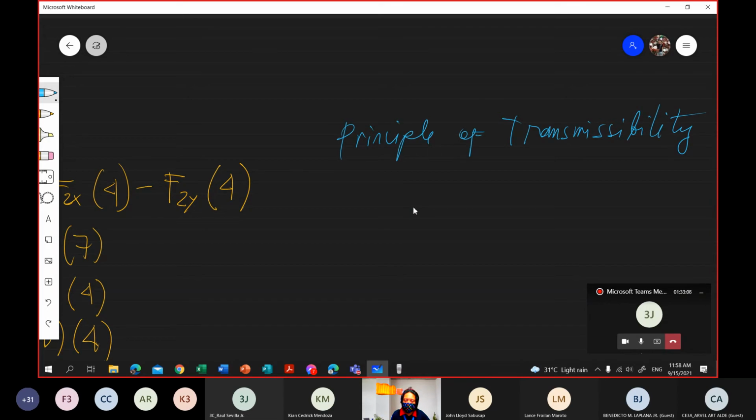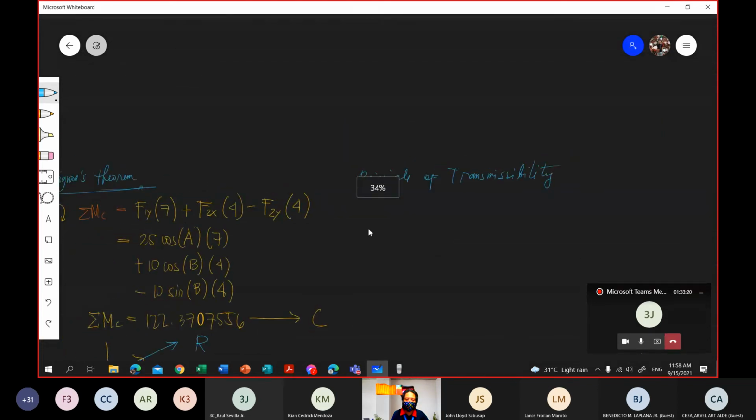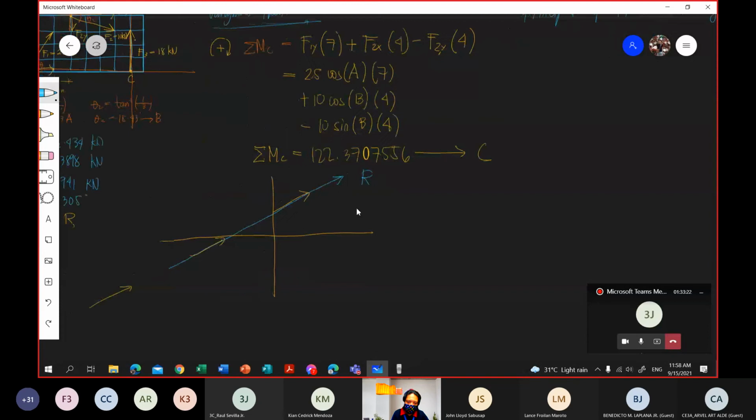Principle of transmissibility. It states that the effect of a force is equal throughout its line of action. Okay? So kung bisan pa ikain mo nga force, basta ada hiyat line of action niya, amo lang ito it iya epekto. Pwede nimo ibalin it force bisan diin basta ada lahit iya line of action.